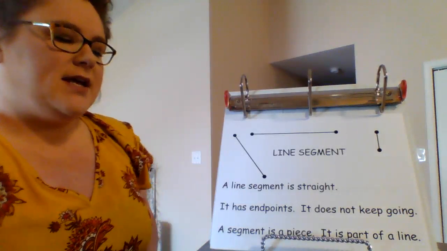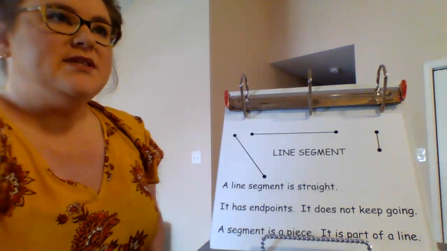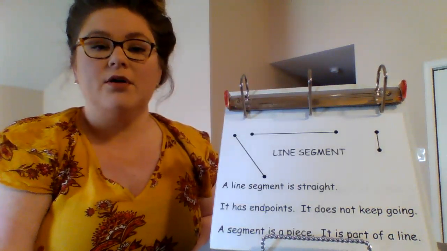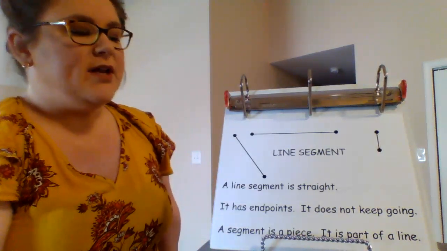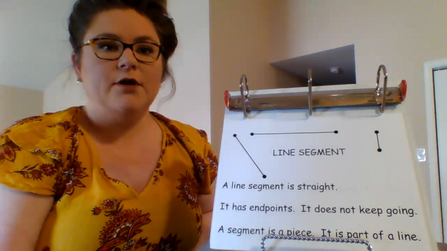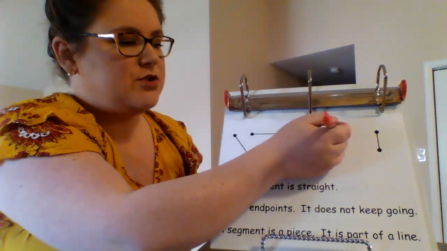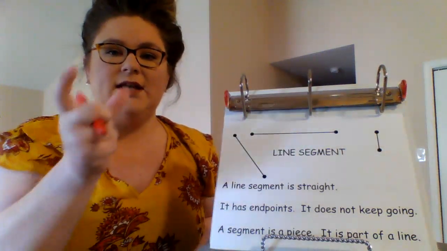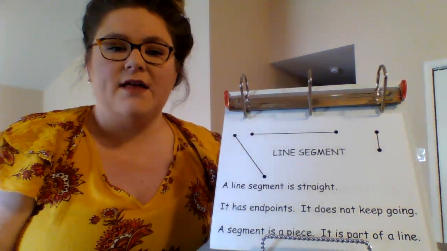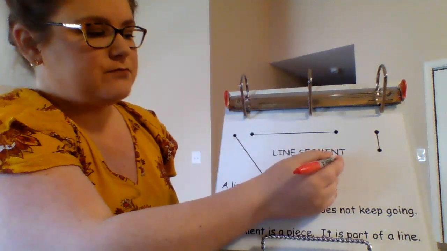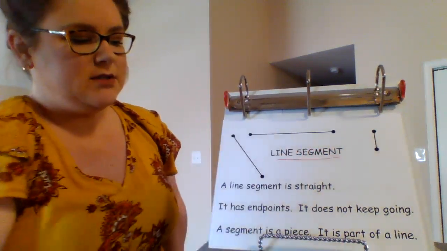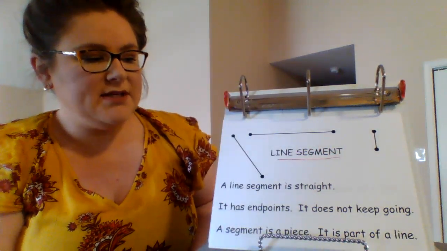So that's what makes it a segment. A segment means a piece or a part of a line. So we might have a line that goes on forever, but when we give it two endpoints, we are just taking a chunk or a piece of that line. So a line segment is a piece of a line.